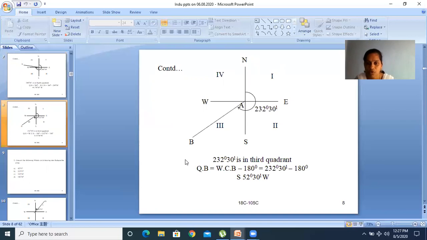So this is the fourth sum, the line in the third quadrant. This is the AB line from north, with WCB 232 degrees 30 minutes, and QB is equal to WCB minus 180. 232 degrees 30 minutes minus 180 is 52 degrees 30 minutes, and the quadrants are southwest. So like that you can do the sums. Is it clear?